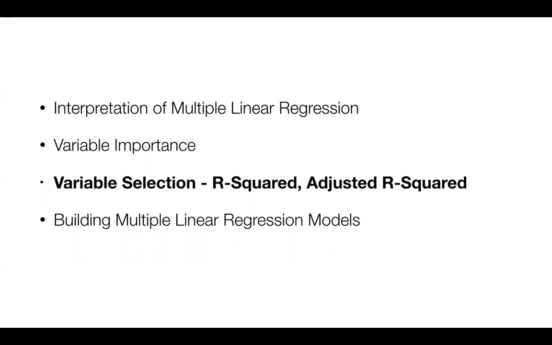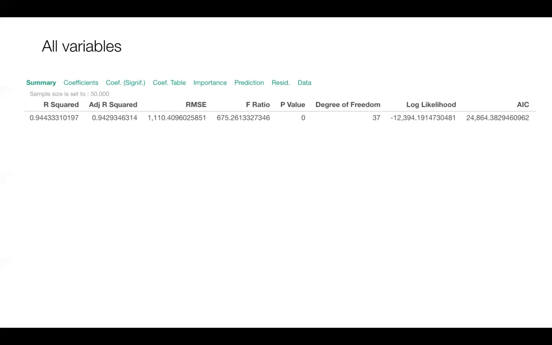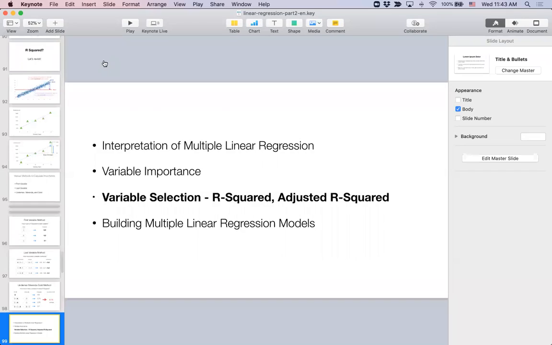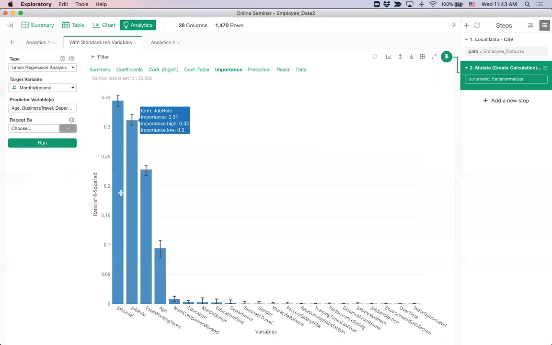So now that we know those 4 variables seem to be important, can we just go with those 4 variables? What that means here is that job level, job role, total working years, and age, these 4 are much bigger than the other variables.